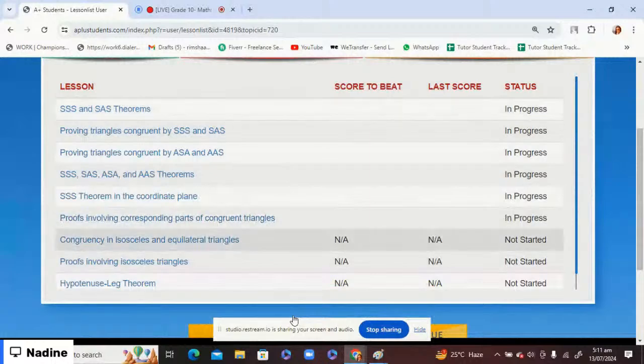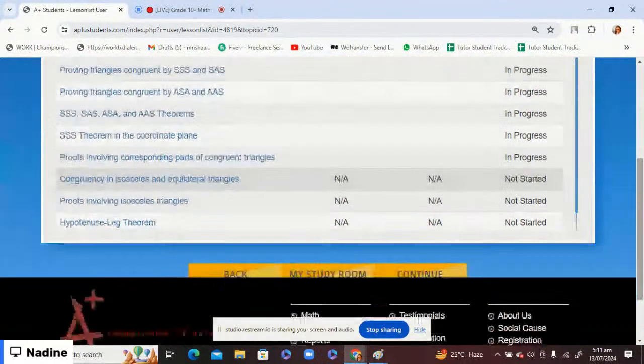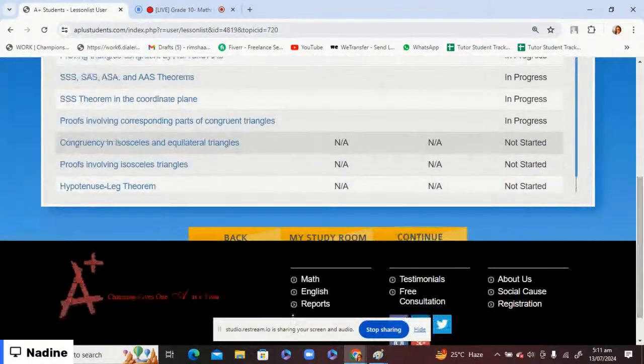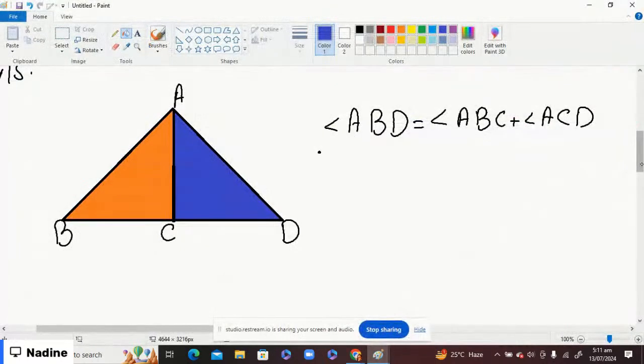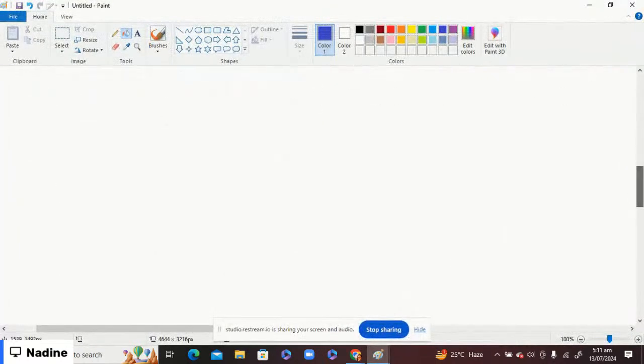Congruency in isosceles and equilateral triangles. Now we are using the isosceles and equilateral triangle. First of all, let me tell you what isosceles triangles are.